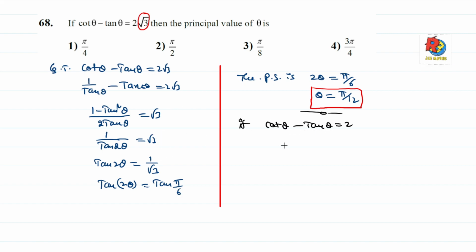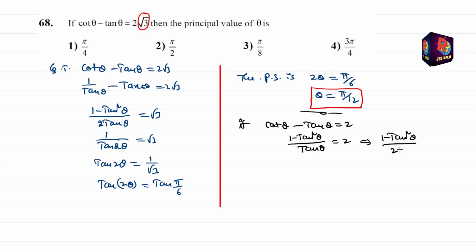So if root 3 is not there, what will happen here? This left hand side value will be 1 minus tan square theta by tan theta, that equals 2. So I can write 1 minus tan square theta by 2 tan theta equals 1. This is nothing but 1 by tan 2 theta equals 1. So tan 2 theta equals 1.